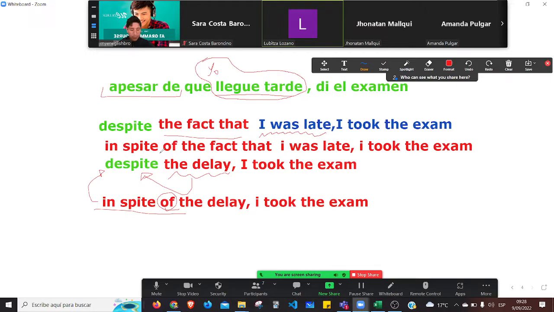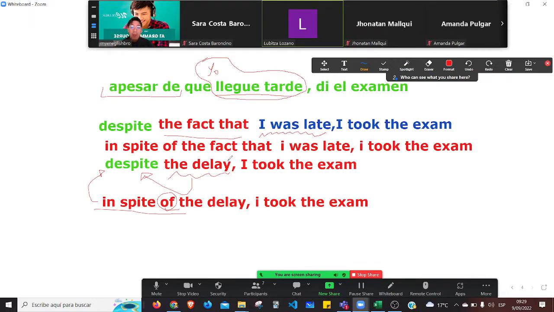Teacher, I have a question. Tell me. Despite is the same as in spite of, right? Yes. And for example, when I use in spite of plus noun, it's the same rule, right? It's the same, yeah. You can say despite the delay, in spite of the delay. Okay. And when it's a clause, I put the fact that.